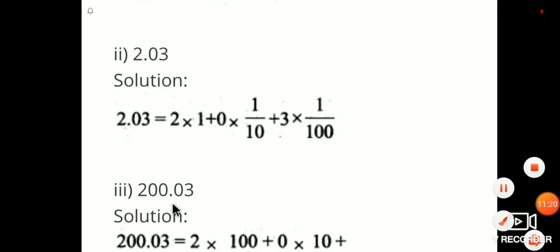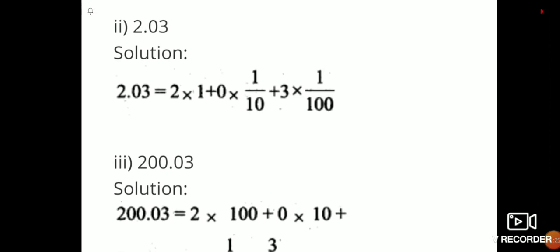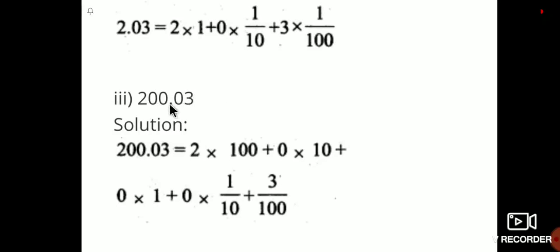Next, 200.03. Here unit, 10, 100, here decimal point, after that 1 by 10, 1 by 100. So we should write like this: that is 2 into 100 plus 0 into 10 plus 0 into 1 plus 0 into 1 by 10th plus 3 into 1 by 100.